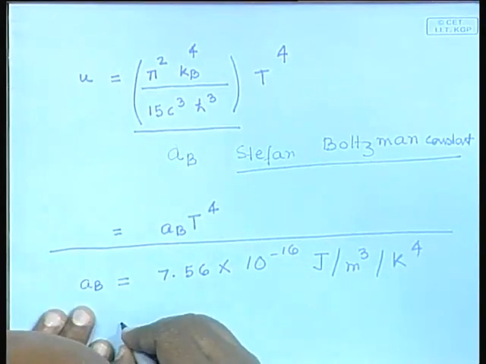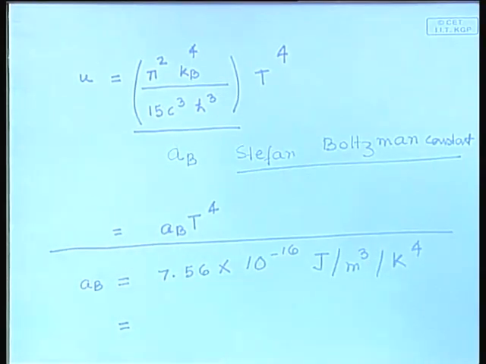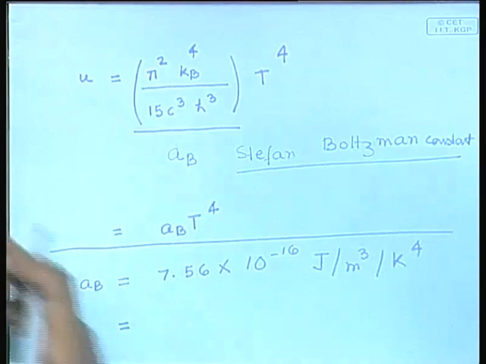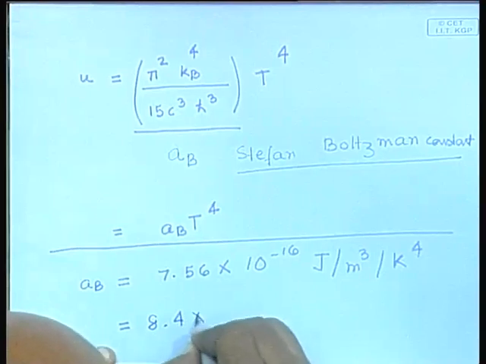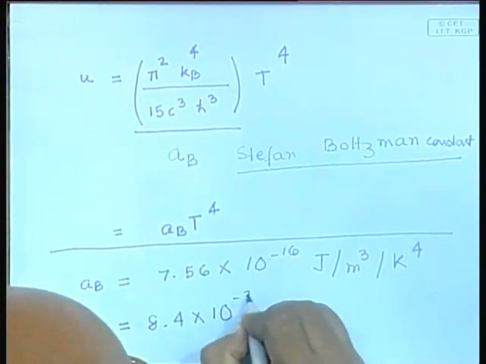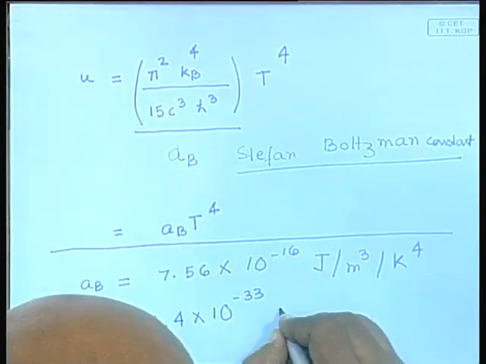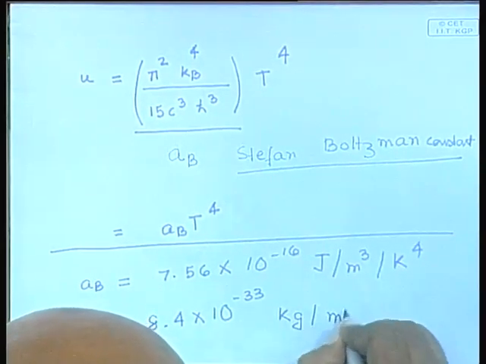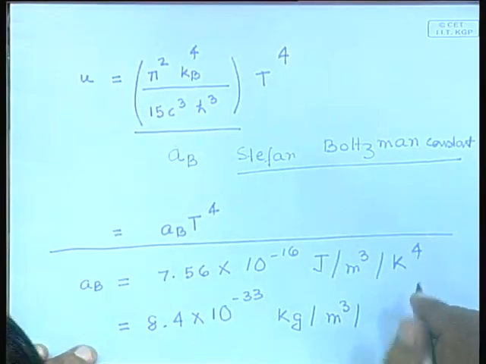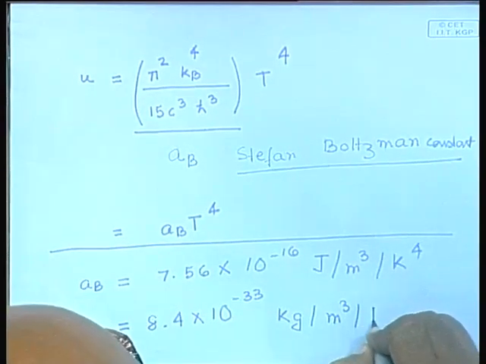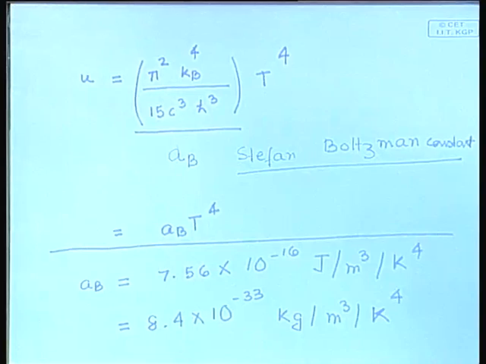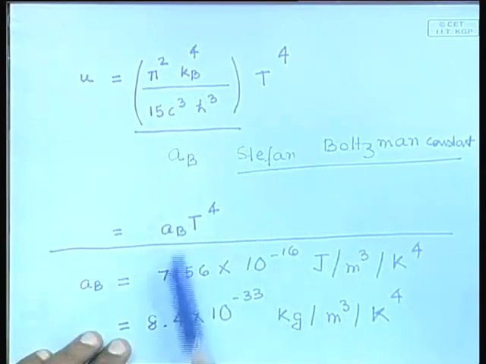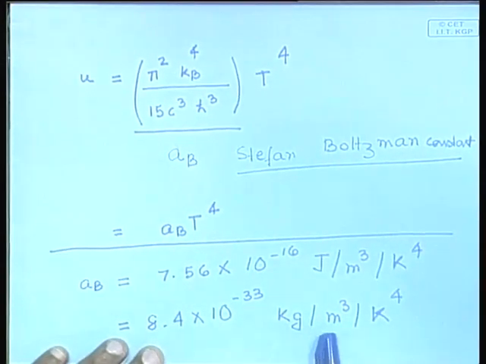Now, it is also convenient in cosmology to express it in this form, where when you multiply the Stefan-Boltzmann constant with T to the power 4, T being in Kelvin, you get the energy density in kg per meter cube.